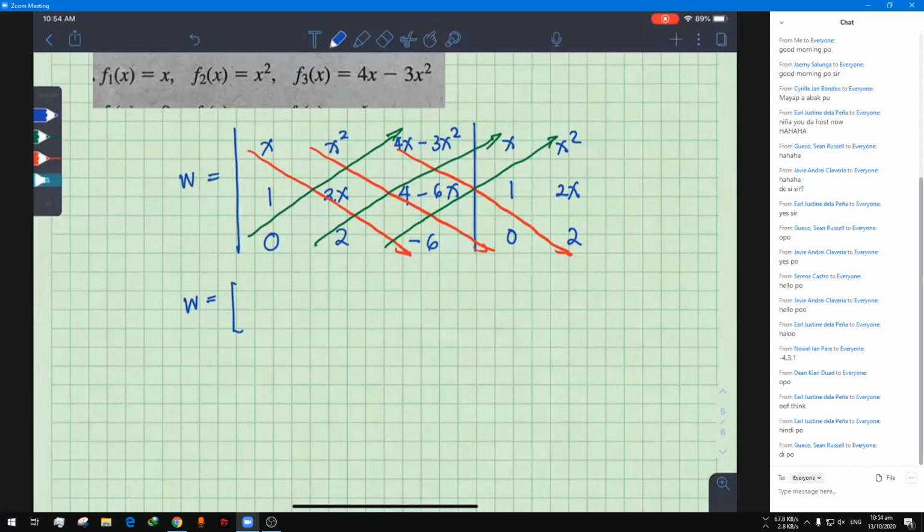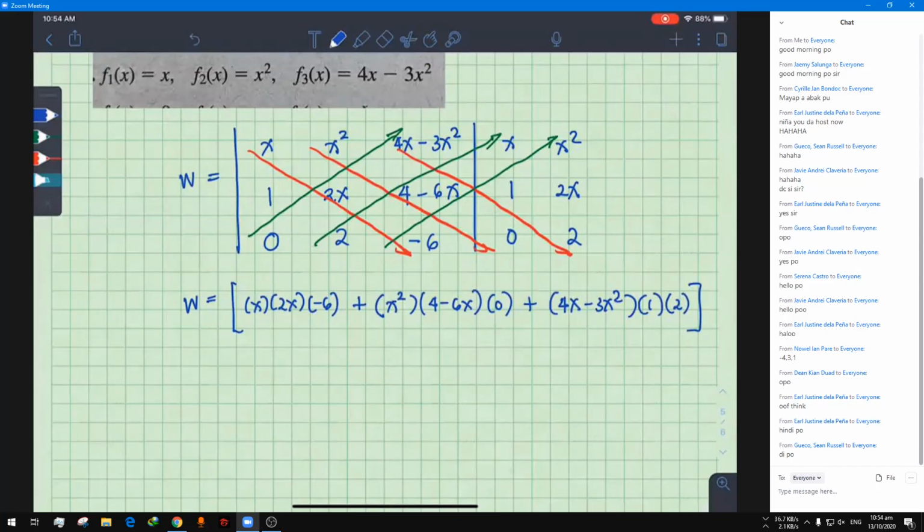So yung nakababa, multiply mo na lahat. So we'll have x times 2x times negative 6. Tapos plus, yung pangalawang linya, x squared times 4 minus 6x times 0. Then plus 4x minus 3x squared times 1 times 2.